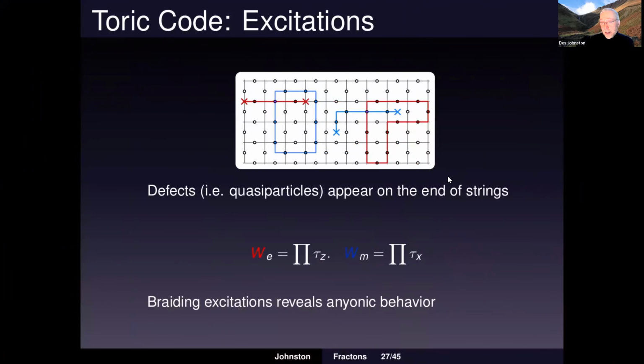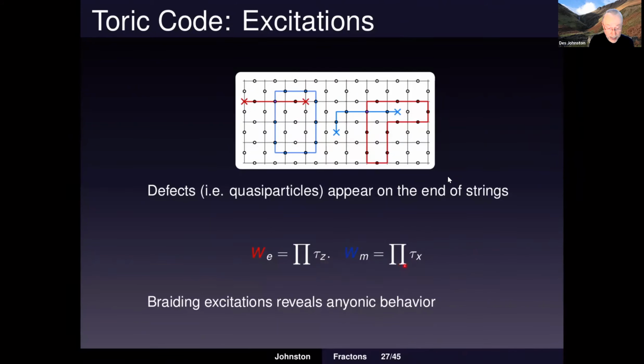Excitations in the toric code, well, I break the loops. So I can get electric excitations by taking a string of the Pauli Z matrices and not closing them. A string of tau z's will give me a couple of electric excitations at either end of that string.